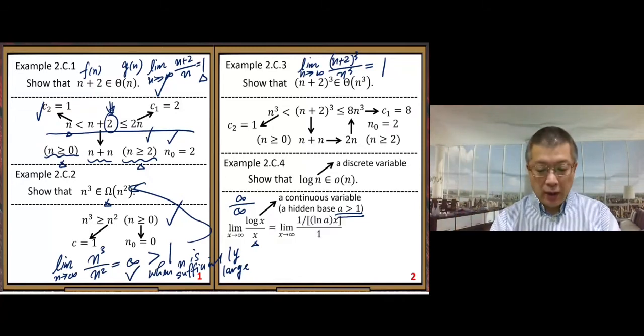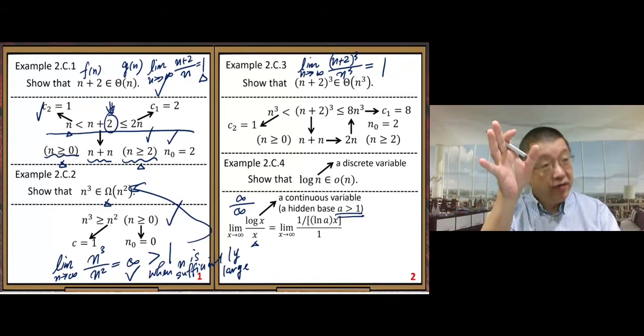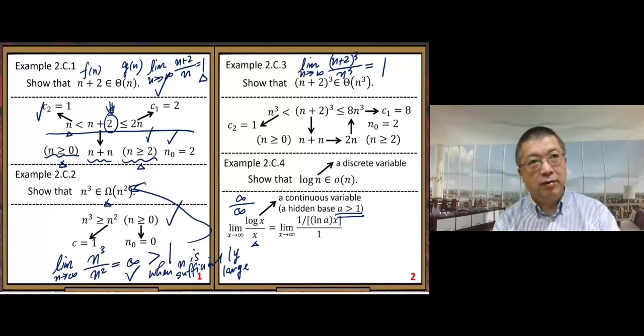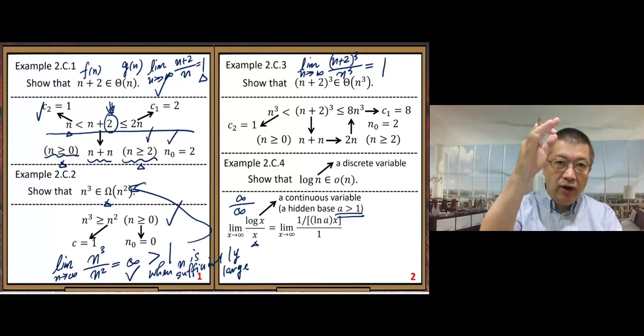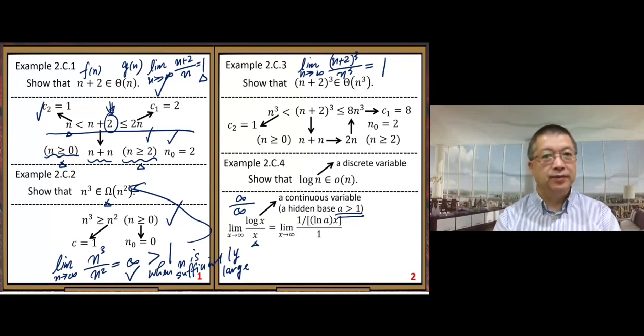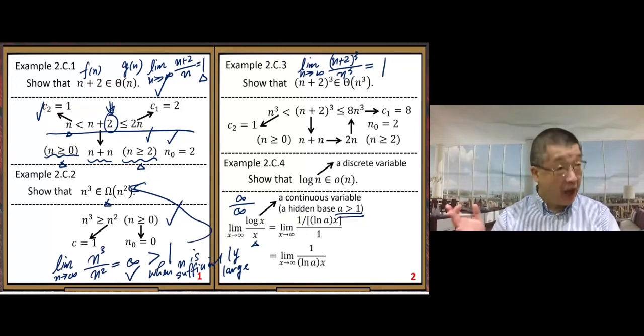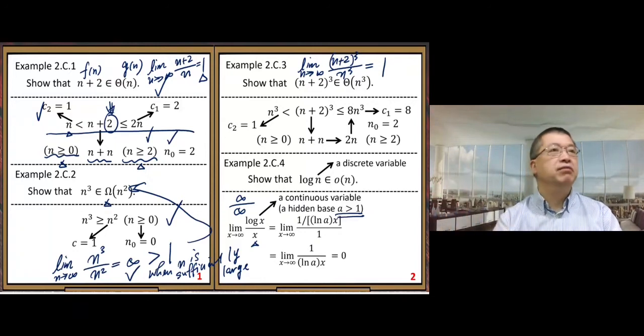All right, so the numerator, its derivative is 1. For the denominator, you can find the formula from the web or from a calculus textbook. It is 1 over natural log of a times x. After simplification, you can see when x goes to infinity, this limit is 0.